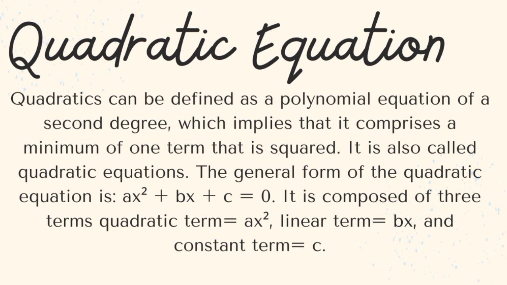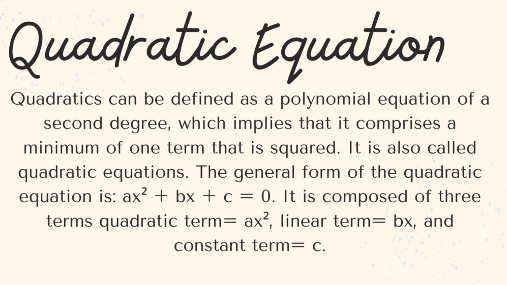The general form of a quadratic equation is ax squared plus bx plus c equals 0. It is composed of three terms: the quadratic term, ax squared; the linear term, bx; and the constant term, which is the c term.